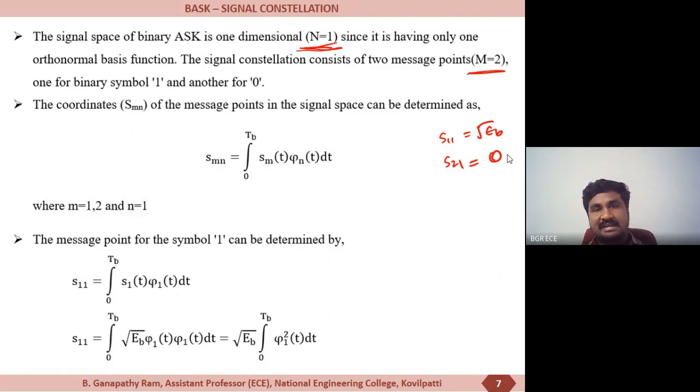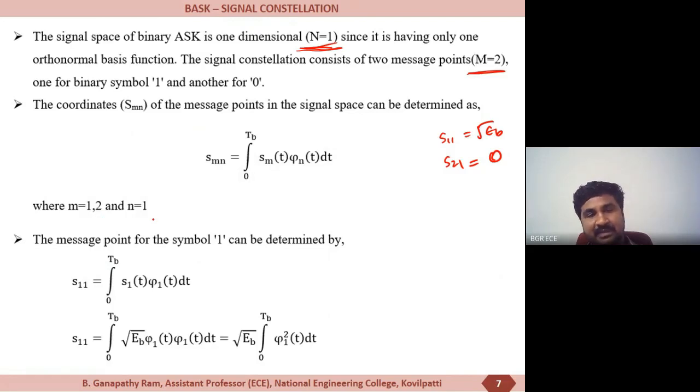Generally, the coordinate SMN of the message point, or the correlation between the symbol and the orthonormal basis function, we can write as SMN is equal to integral over TB of Sm of t into phi n of t dt, where m has the values 1 and 2, and n has the value 1.